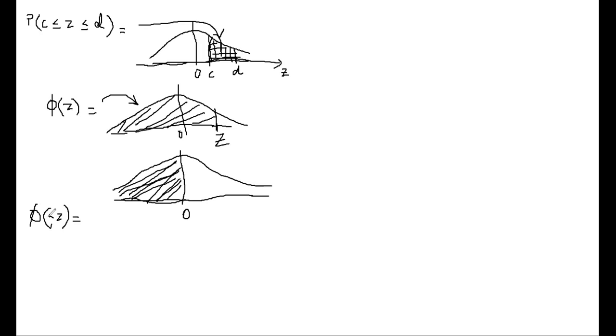Phi z is given, and you have to find the coordinate at minus z on the negative x-axis. Then it will be 1 minus phi of z.